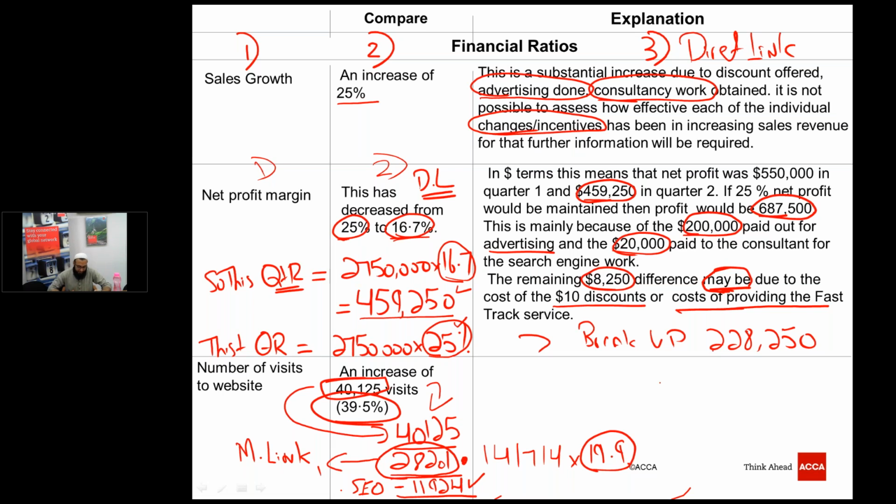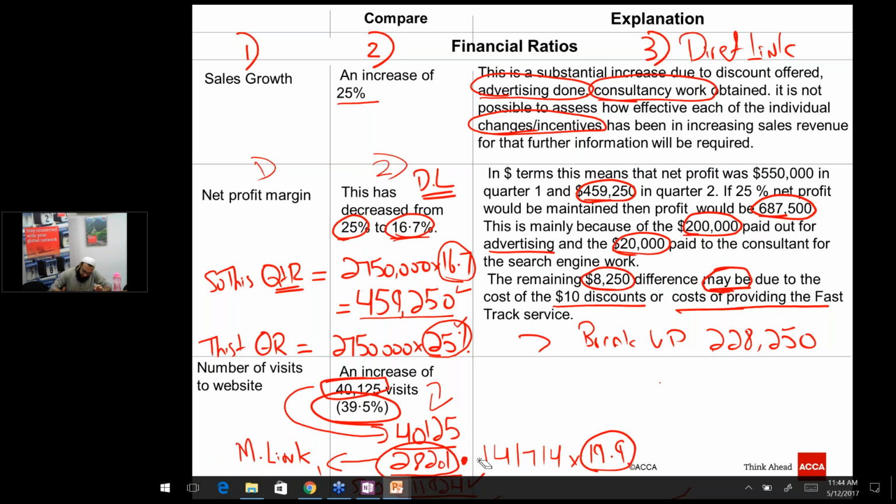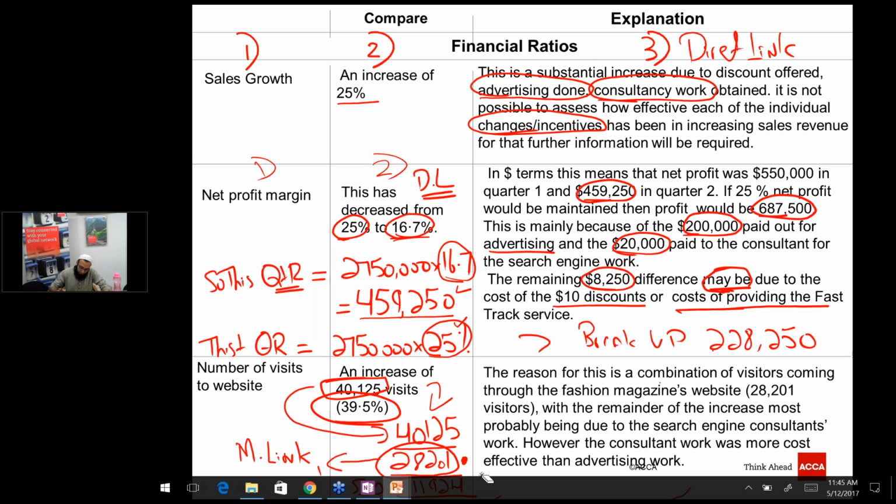So yes, the reason for the increase in the number of website hits was because of two reasons, and the reasons are in front of you.